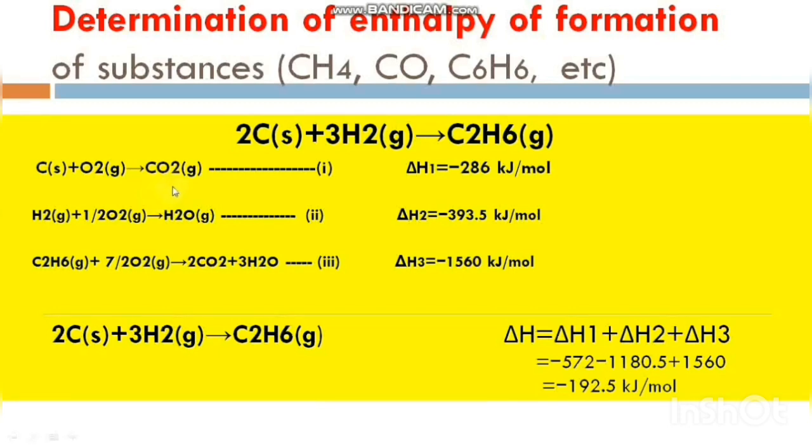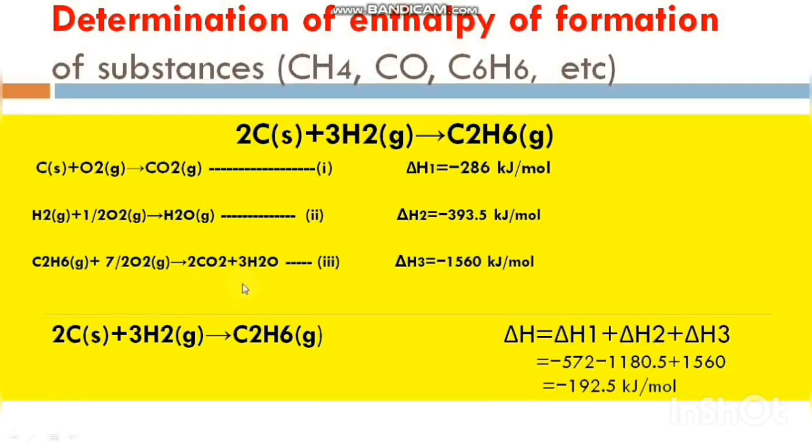Second equation is the formation of water from hydrogen and oxygen. Enthalpy change for this reaction is delta H2 equal to minus 393.5 kilojoule per mole. Third equation is the combustion of ethane forming 2 carbon dioxide plus 3 water. Enthalpy of this reaction is delta H3 equal to minus 1560 kilojoule per mole.